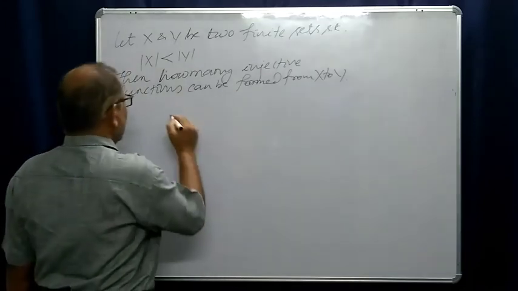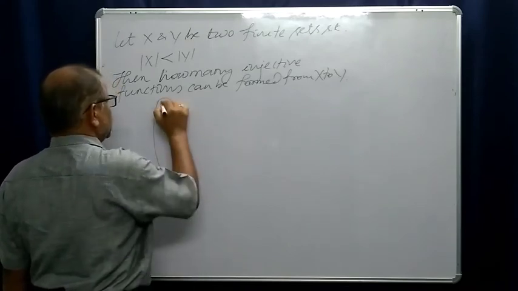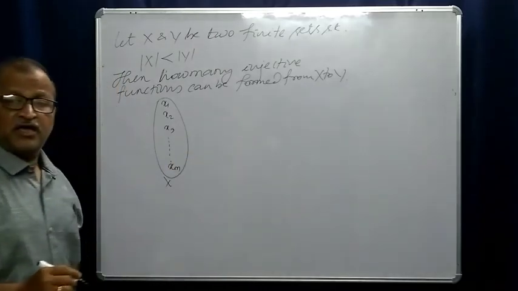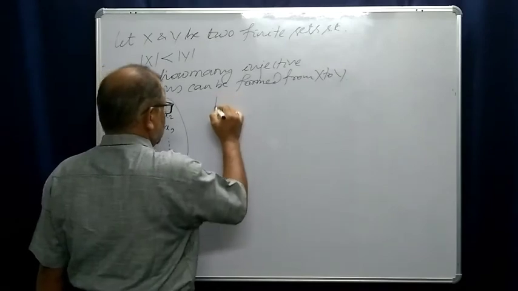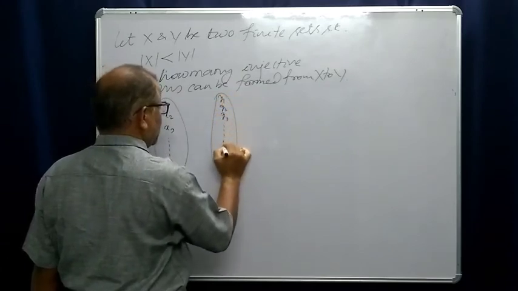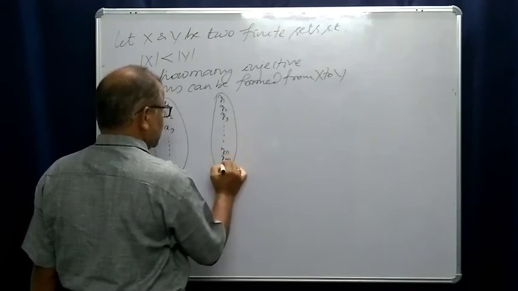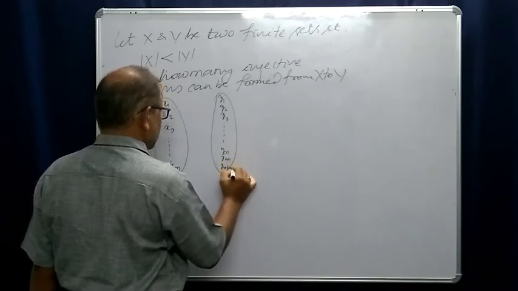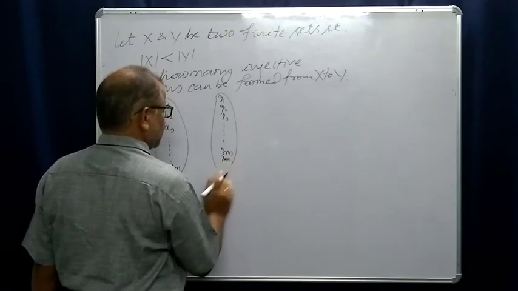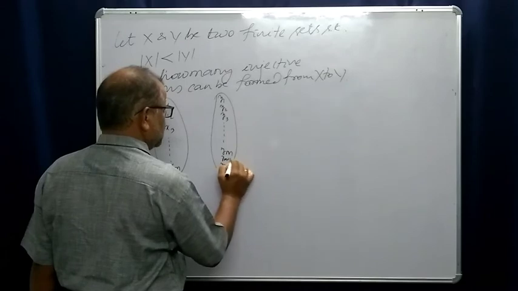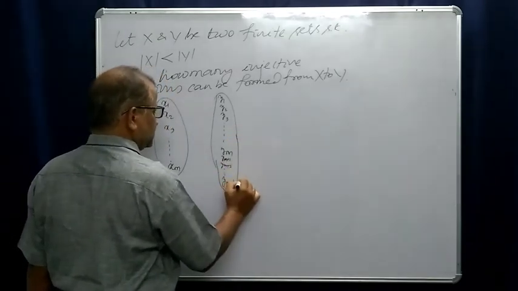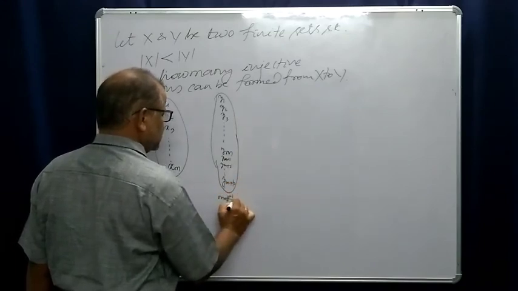Let us take an example. Suppose it is x, it is x1, x2, x3 up to xm, m number of elements here, and suppose it is y, which has y1, y2, y3 up to ym, then ym+1, ym+2, up to ym+p. Suppose m plus p is equal to n, right?